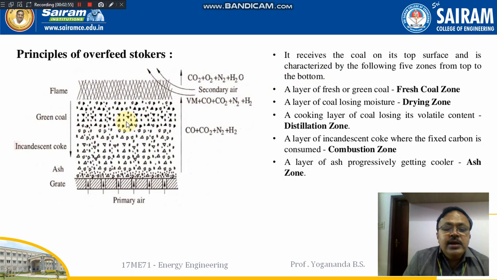So we have here three layers. One is the fresh coal zone, the green coal that you see as the top layer. In between I have this incandescent coke, the half burnt red coke, which is in the combustion zone.